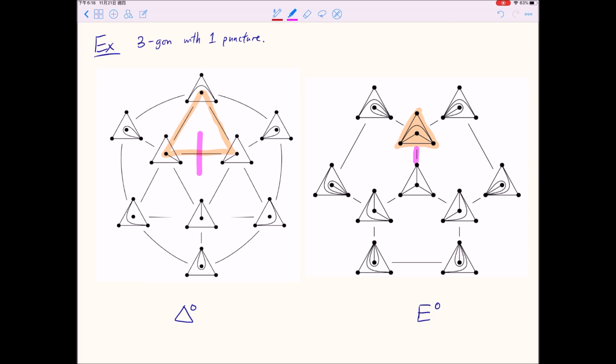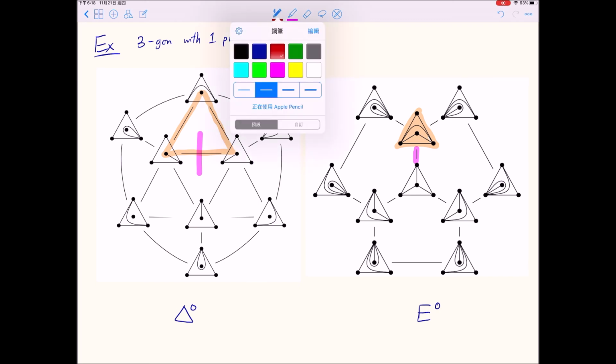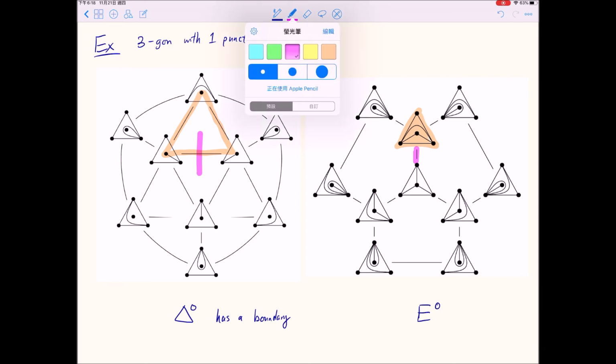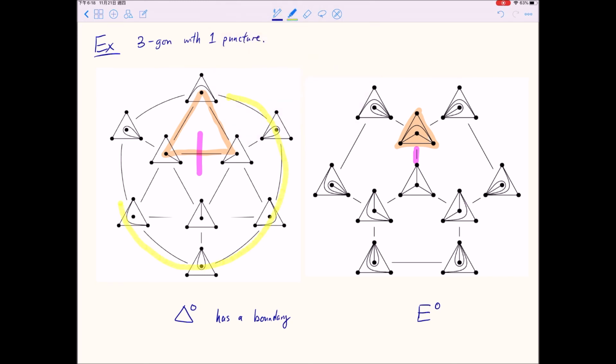So one thing to notice is that this arc complex has a boundary, right? So this is the boundary of your arc complex. There's nothing outside this picture. And these are all the simplices of your arc complex.